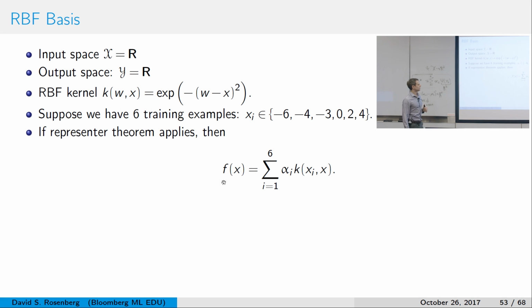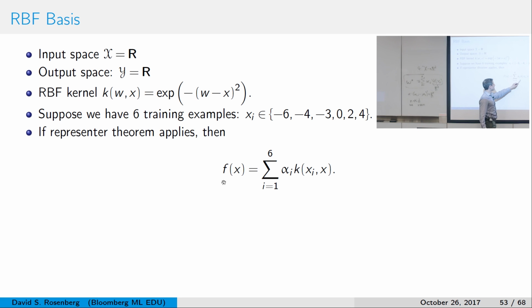That's one way to think about it. Another way to think about it is that k(xi, x) is a function of x. So the prediction function, as a function of x, is a linear combination of 6 other functions of x. Each function of x is a similarity function, which says, how similar is x to xi?